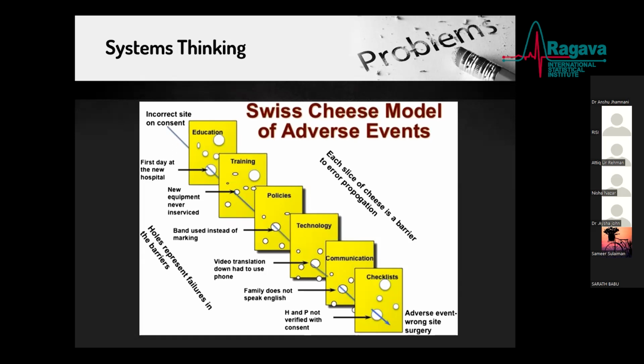So our effort should be more focused on shrinking the holes to prevent latent errors. And how do we do that? By creating multiple overlapping layers of protection to decrease the probability that the holes will ever align and allow an error to result in harm. You can see in the picture how it aligns at one point in time and causes a devastating event.